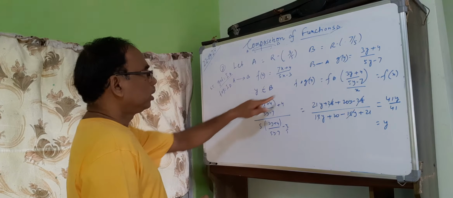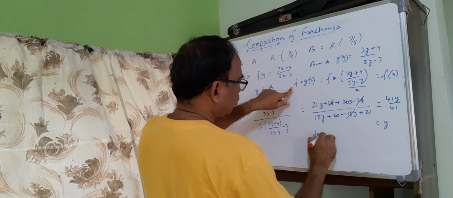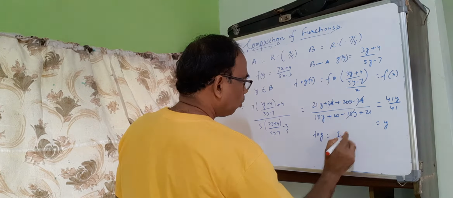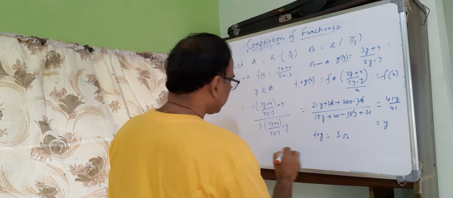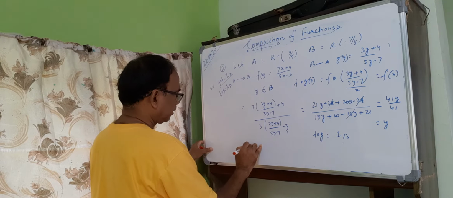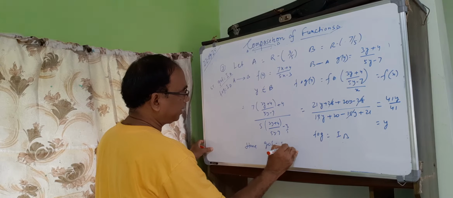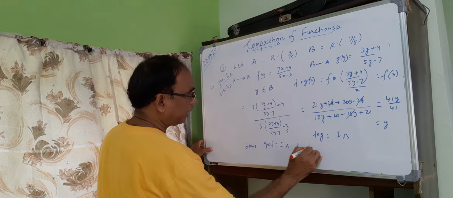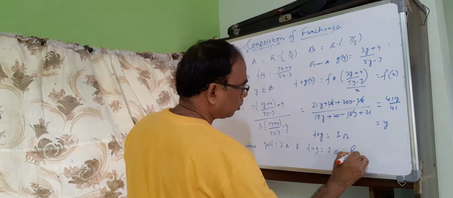So we got fog equals I_B, y is B to B. Hence gof equals I_A and fog equals I_B.